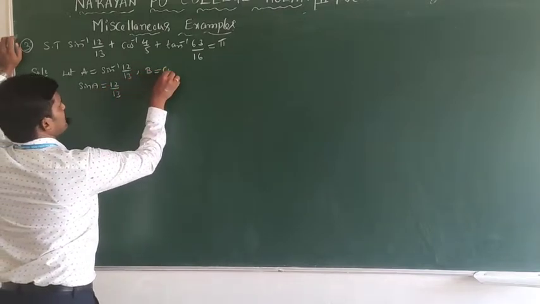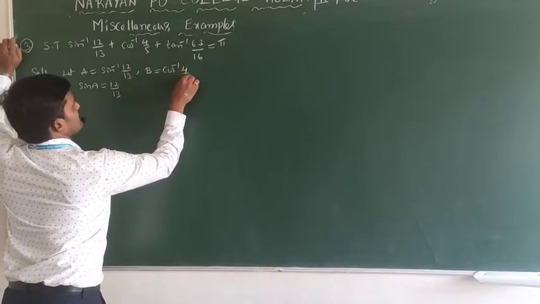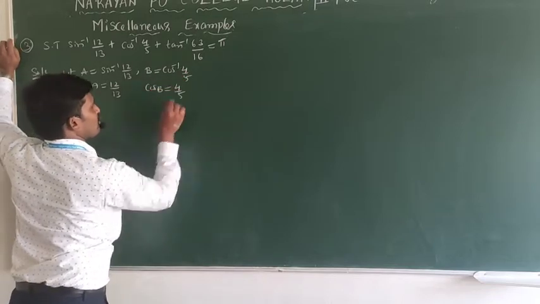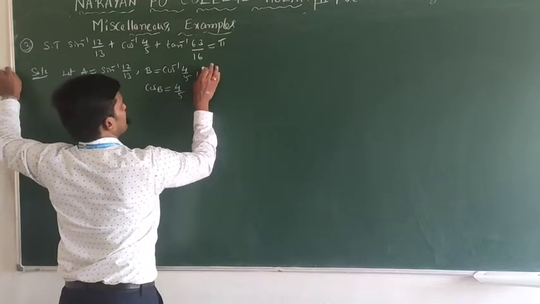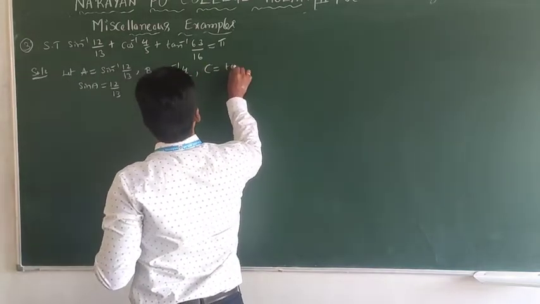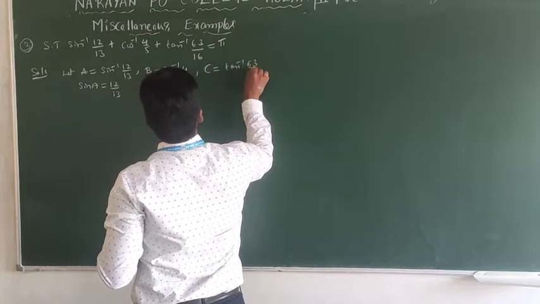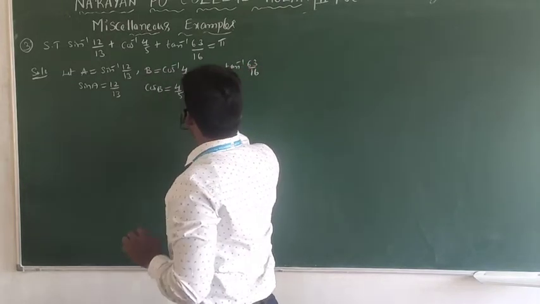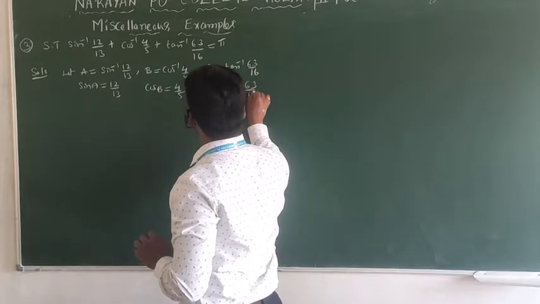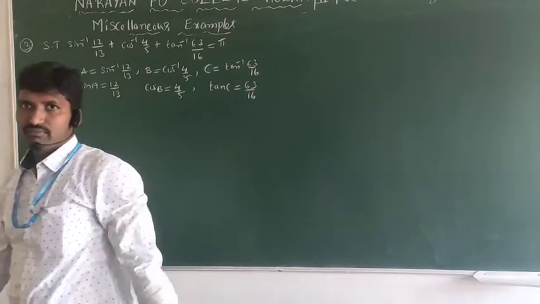Second one is B, cos inverse of 4 by 5. From this, cos B equal to 4 by 5. Next, the third one considered as C, tan inverse of 63 by 16. Take this tan on the left side: tan C equal to 63 by 16.